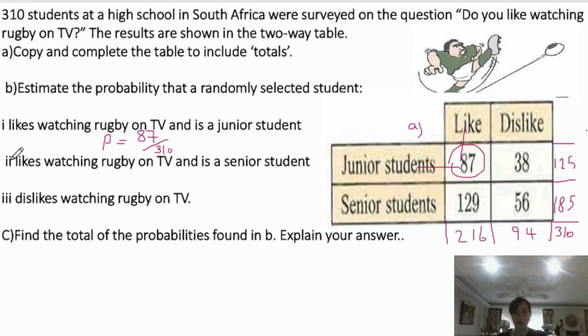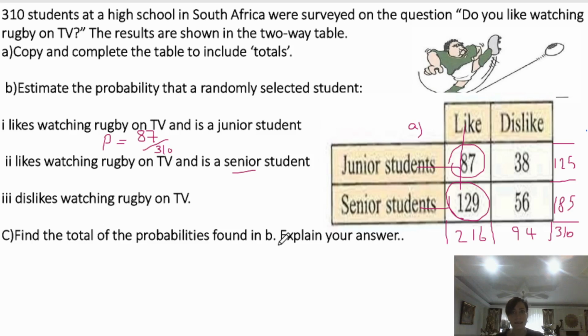I will go for part 2. Part 2 says likes watching rugby and is a senior student. Again, I stay at column 1 because column 1 shows me likes rugby on TV, and I go for the second row for senior students. So column 1, second row, they meet here at 129. The favorable outcome for me is 129 over the possible outcomes.